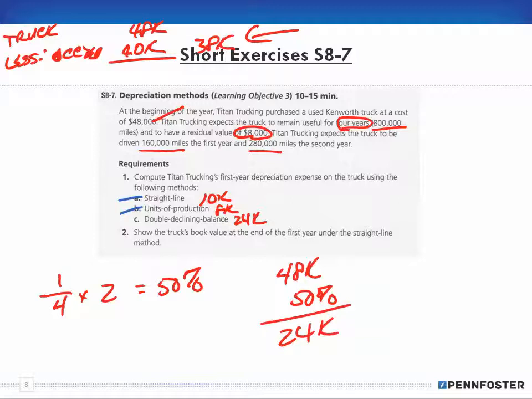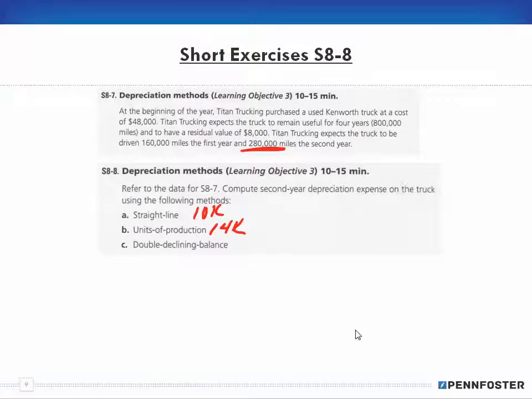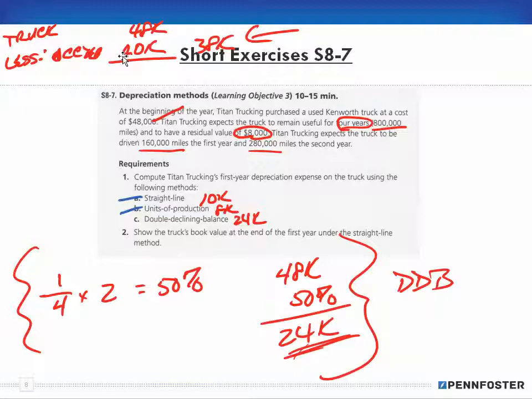If you recall, this is what we did for the first year for the double declining balance, and we ended up with 24,000 for the first year. Now when we come to the second year, we know that for double declining balance we're going to use 50% because that's what we calculated.